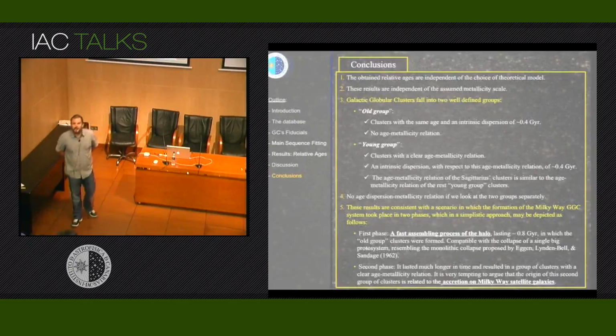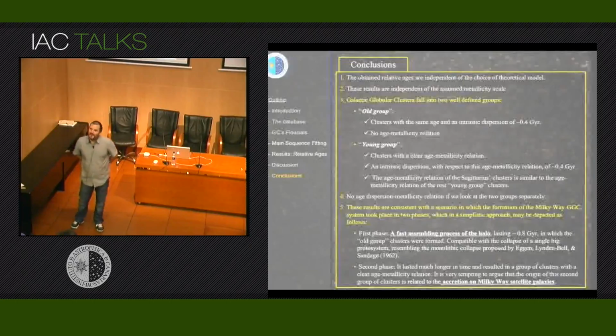Yeah, you are right. I don't want to talk about absolute ages. But you're also right, the absolute age predictions obtained with the 4 different theoretical models are different. There is a difference of around 1 gigayear from extreme to extreme. I'm not sure which one is predicting younger and which one older ages. We can talk about that later.